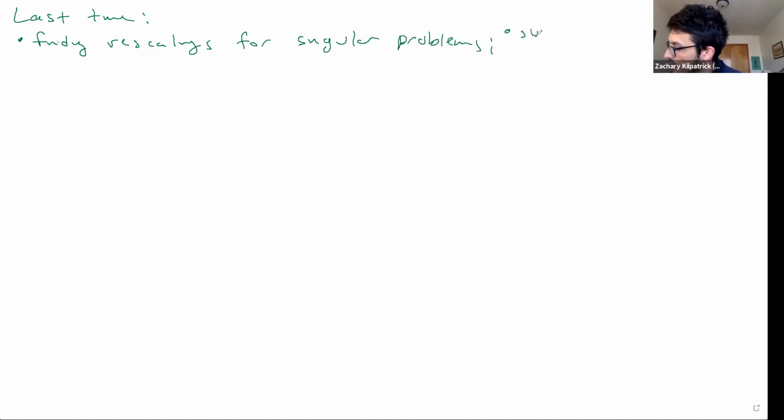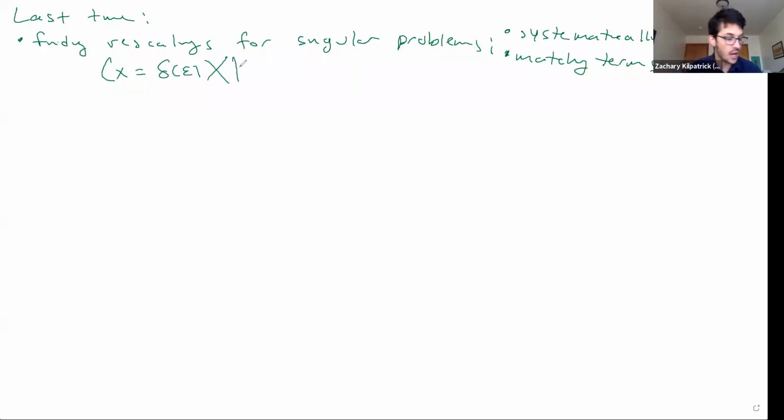And you could essentially do this systematically or by matching terms. Systematically just meant you would go through all the orders that you could possibly use for your rescaling of x, right? x equals delta epsilon times some big X.